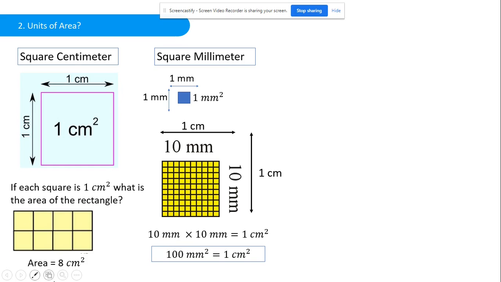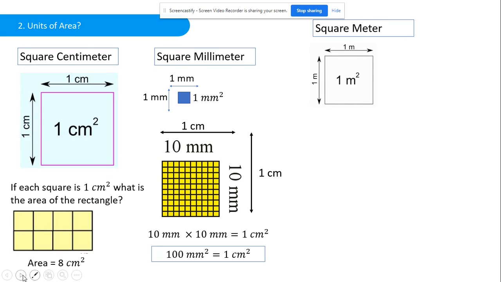Likewise, we've also got the square metre. This is a square made up by 1 metre by 1 metre. And again, we want to think about how to convert between the square metre and the square centimetre.